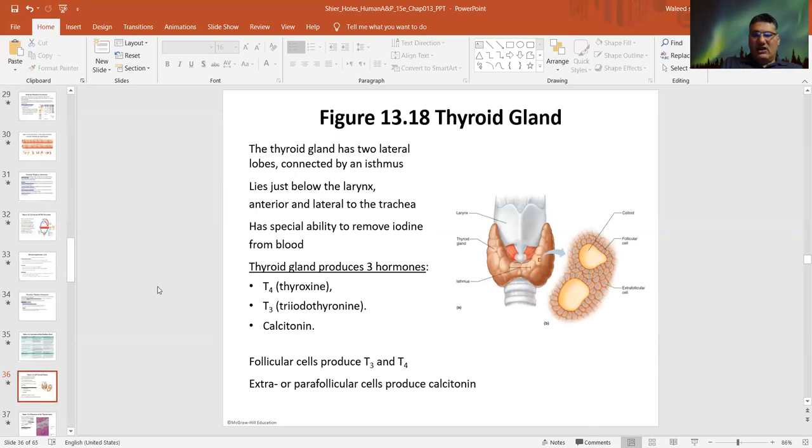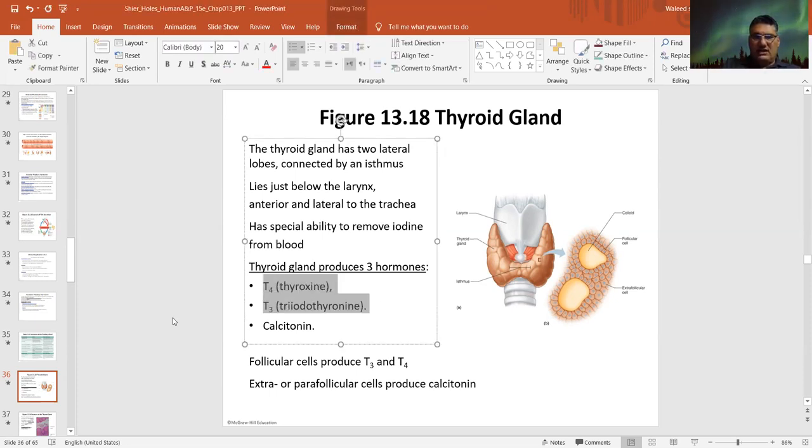The next gland is the thyroid gland. I mentioned that in the table in the beginning, but again, you have T3 and T4. T3 is called triiodothyronine. It's thyronine with 3 iodine. T4 is tetra, which means 4: tetraiodothyronine.